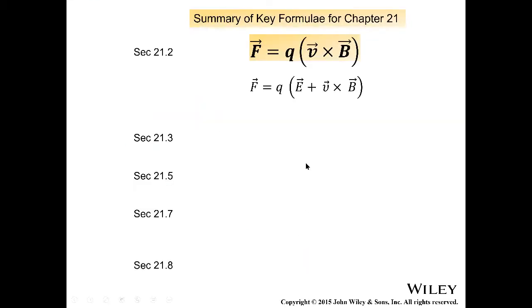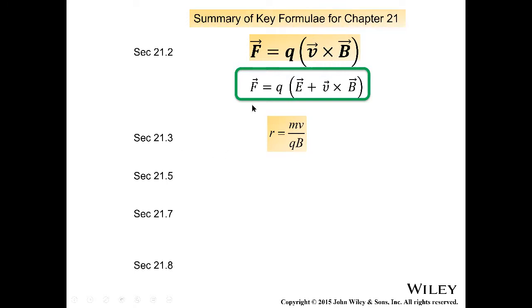Okay, and then the summary is we have the basic Lorentz force, and we have the mass spectrometer: if you have a charged particle in a given magnetic field, it will go in a circle, and the radius of that circle depends on the velocity and the mass. And we have this re-expression of this, that now I have a wire, and the wire has a current, because qv basically becomes the current.